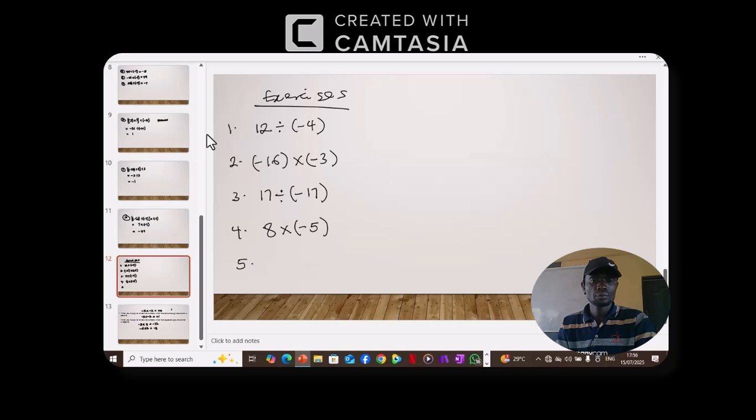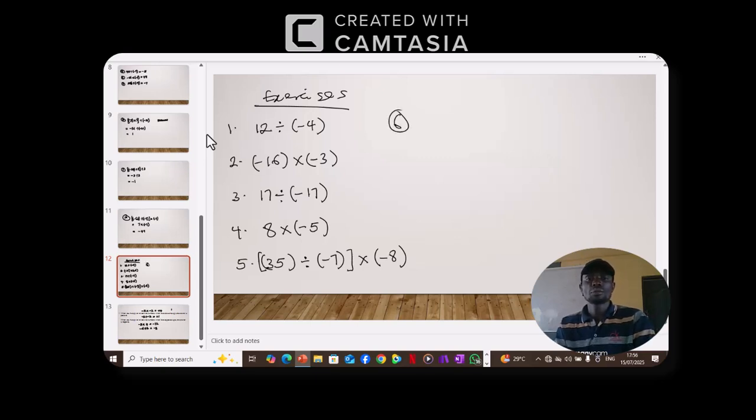Then number 5, we have 35 divided by minus 7, inside the bracket, times minus 8.